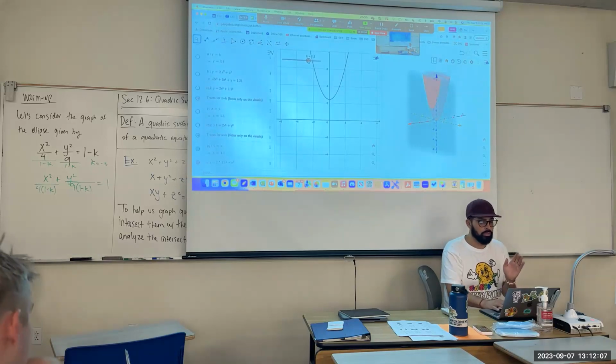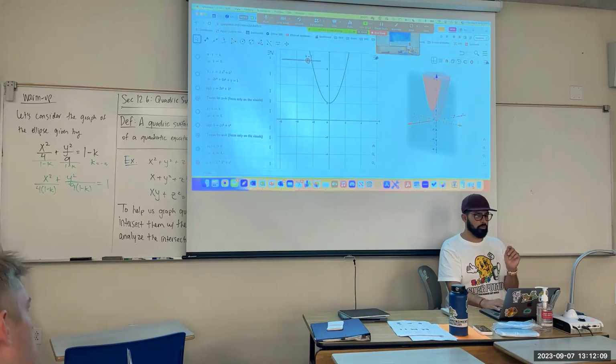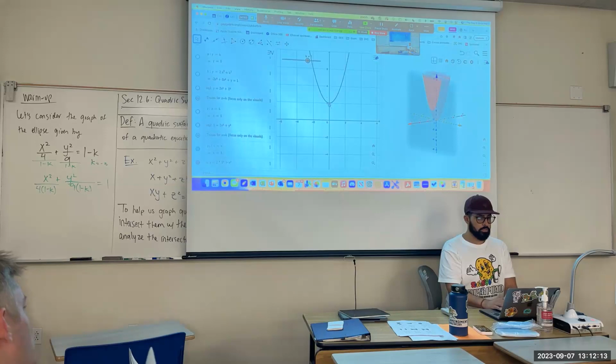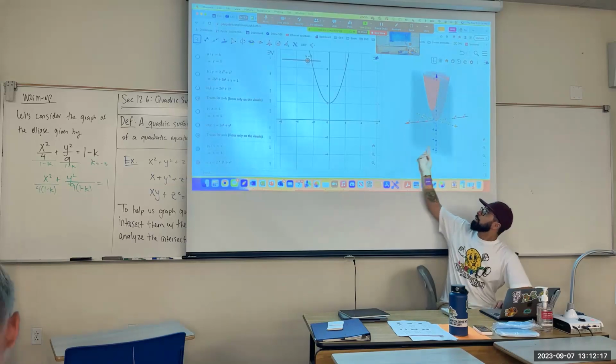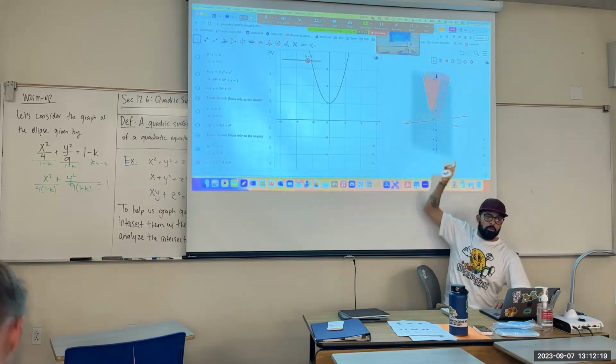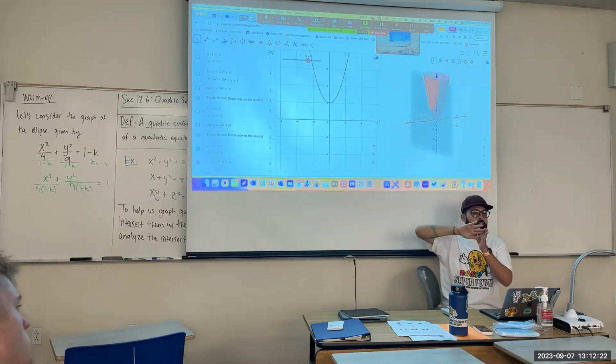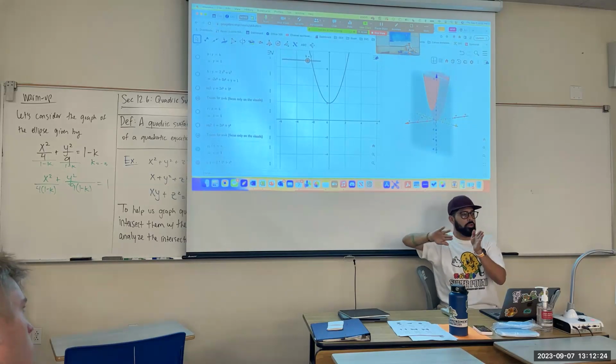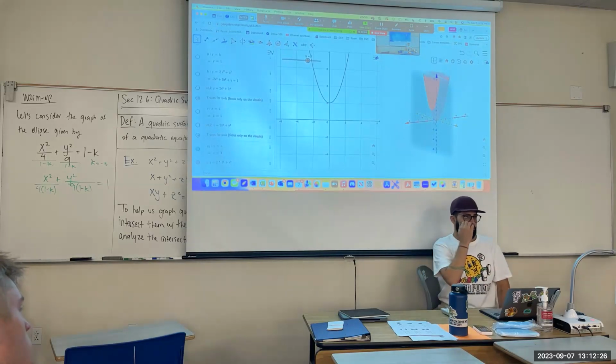Notice the trace when k equals 1, where's the vertex of the parabola? 0, 2. So if the plane is where x equals 1, what do you think the trace will look like if I make it so that now the trace is at x equals -1?